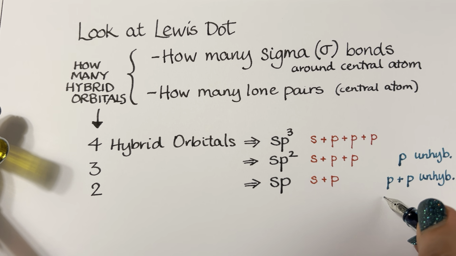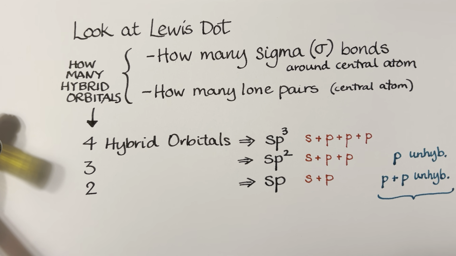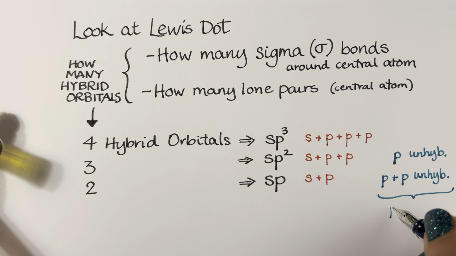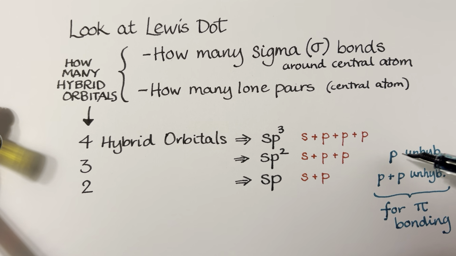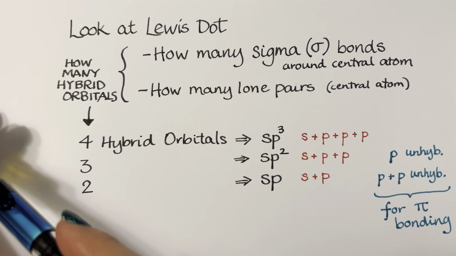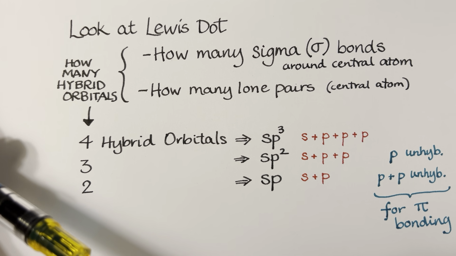Okay, in almost every case, these are used to create pi bonds. There is one case that I can think of where there's a leftover unhybridized p orbital not used for pi bonding, and that's for boron. So that's an exception.